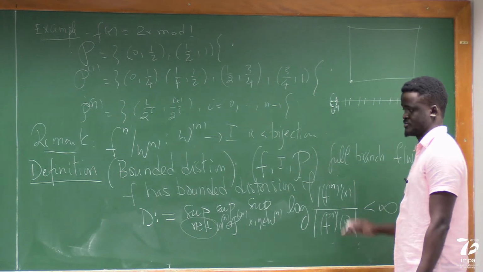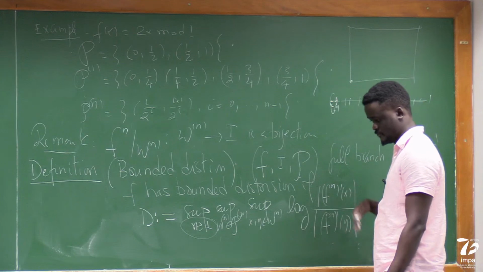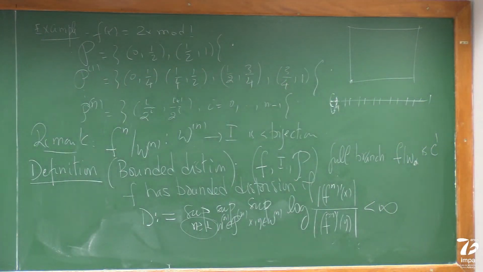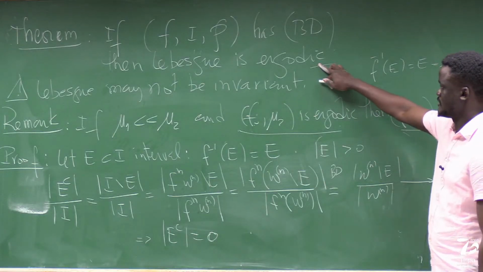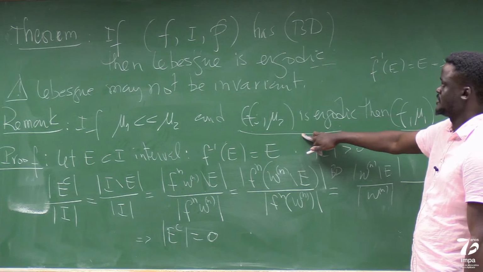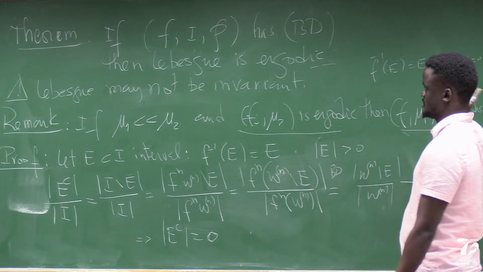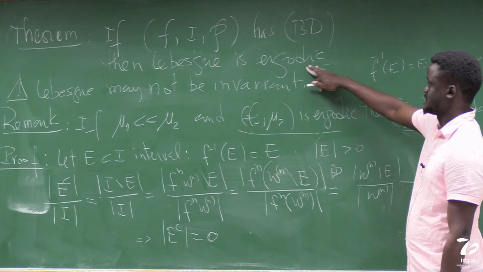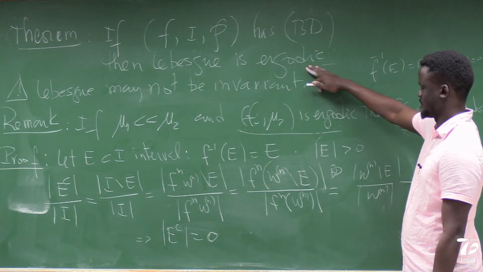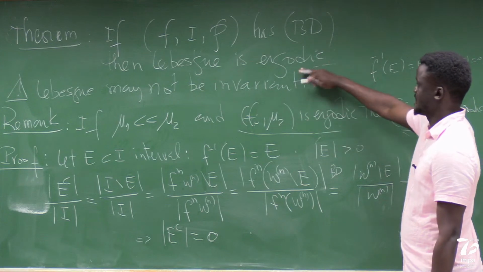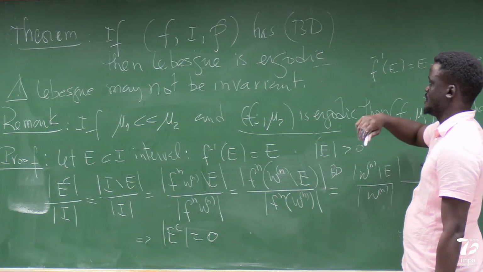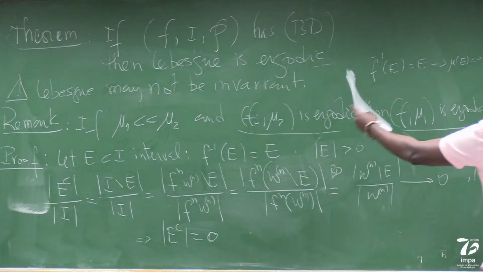So for all those linear full branch expanding maps, this theorem implies ergodicity. Because Lebesgue is invariant, sorry, I'm very slow. Lebesgue is invariant if you have linear branches and they have bounded distortion, then they are ergodic.